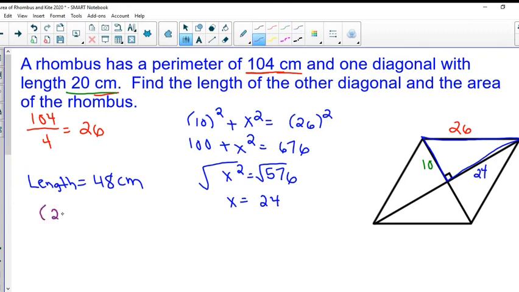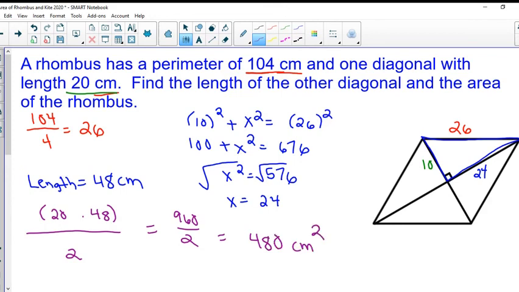So we're going to do 20 times 48 divided by 2. 20 times 48, that is 960, divided by 2, we get the area of this rhombus to be 480 centimeters squared. And that concludes the problem.